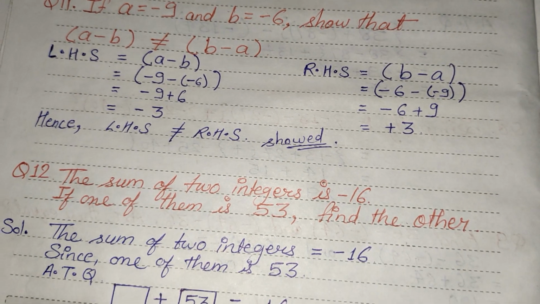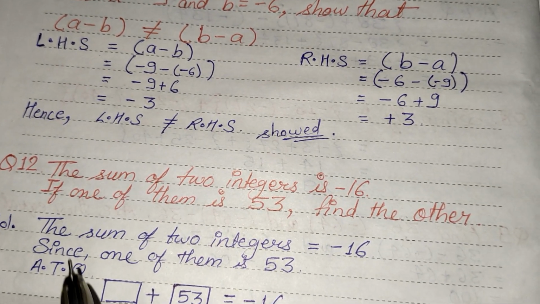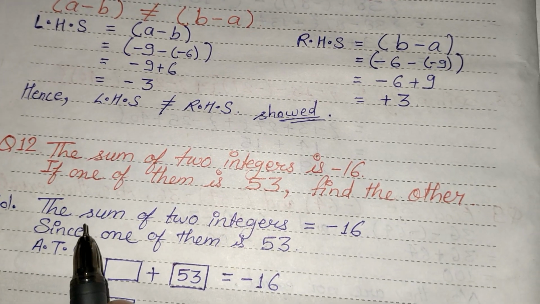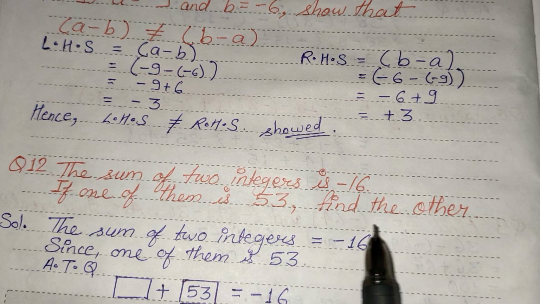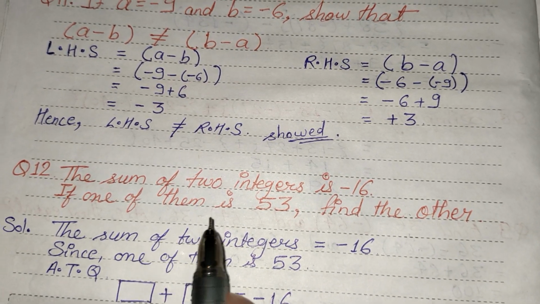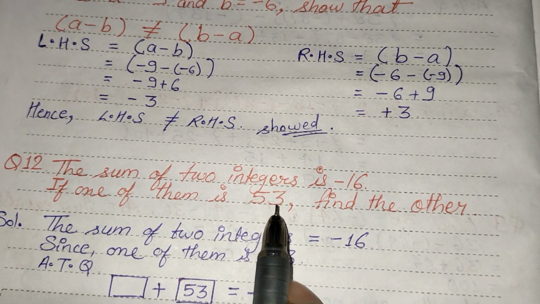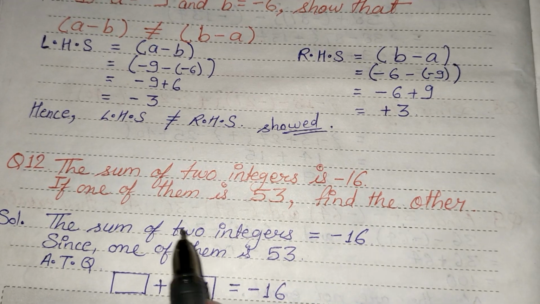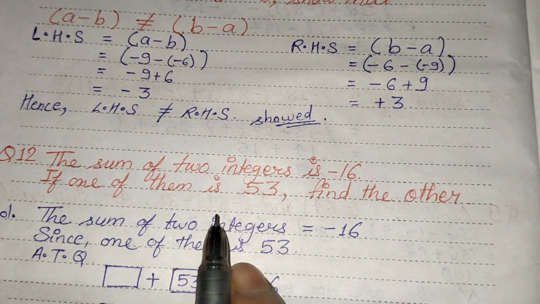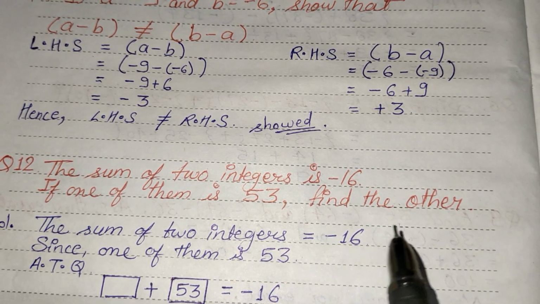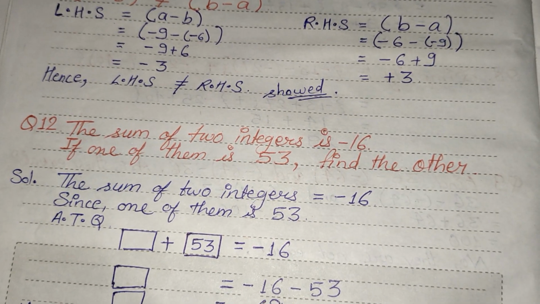Now moving on, next question number 12. The sum of two integers is minus 16. If one of them is 53, find the other. So in the question it is clear that the sum of two integers is minus 16 and one of them is 53. One integer is already given, you have to find out the second integer. So see the solution.